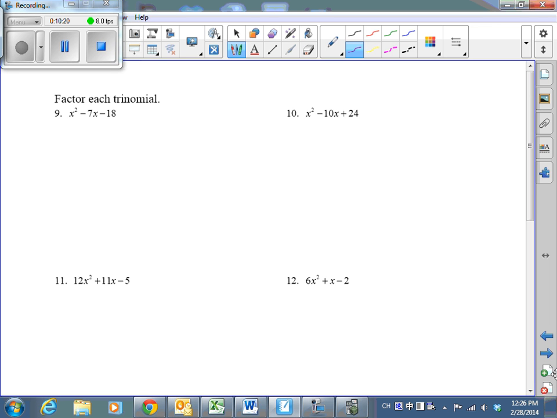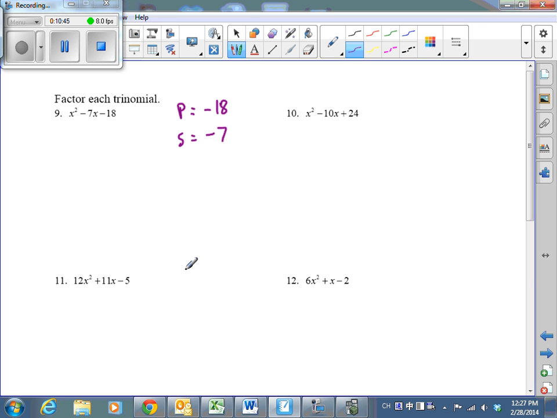All right, this is the good part. Factoring trinomials. In most of my classes, what I usually say is, which one is the product? The last one is called the product, and the middle one is called the sum. So you're trying to find two numbers that the product will give you negative 18, and the sum will give you negative 7. What are those two numbers?